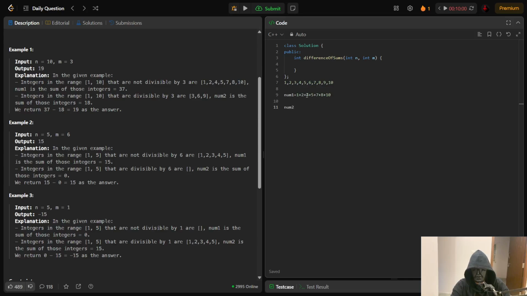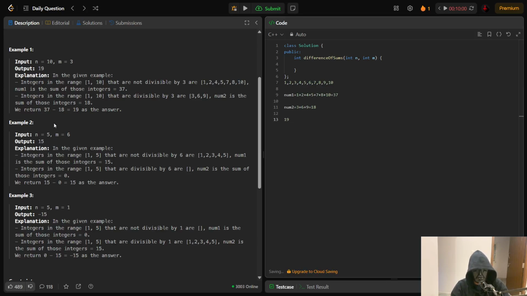That sum is 37. And num2 is the numbers divisible by m: 3, 6 and 9, which is 9 plus 18, so 27. If you subtract num1 minus num2, the answer is 19, as written here.